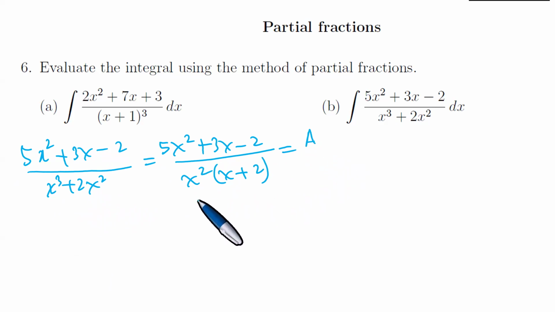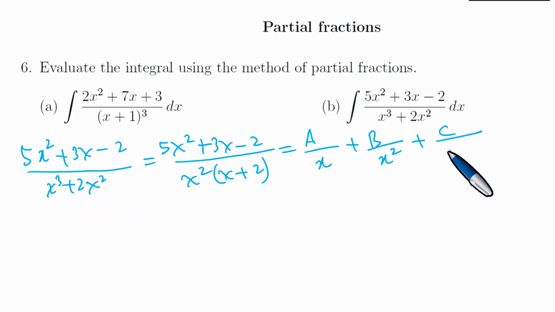What would this be for the x squared? You would expect a over x, b over x squared, c over x plus 2. Pause to reason about this one, and make sure you understand it.